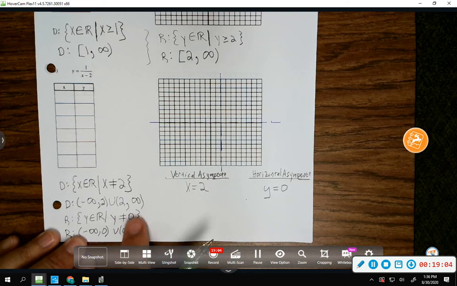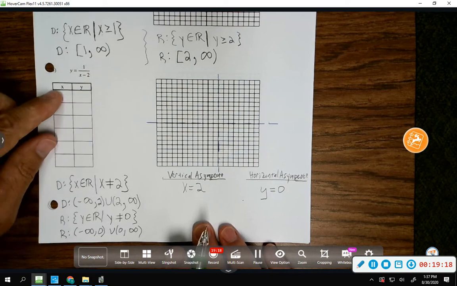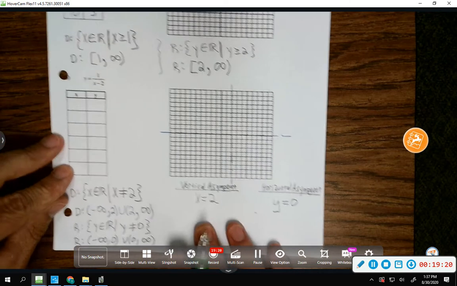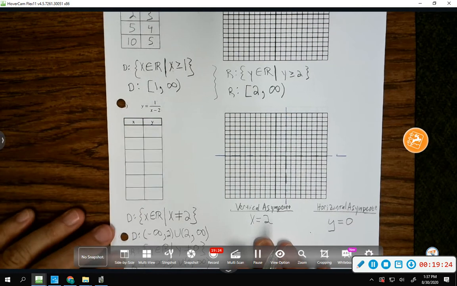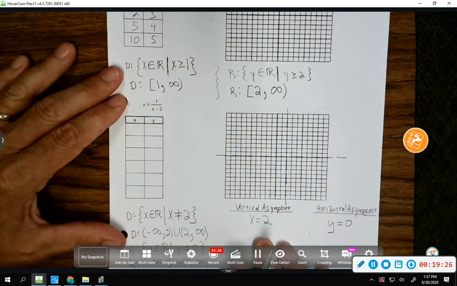These mean the exact same thing. On the first test, you're going to have to write them in both forms, so I know that you know how to read both of them and write them. But after Chapter 1, you can use whichever one you prefer. But I am going to ask you to plot points as we graph this so that we understand how these work. And we're going to get more practice on this in Chapter 2 when we talk about limits.